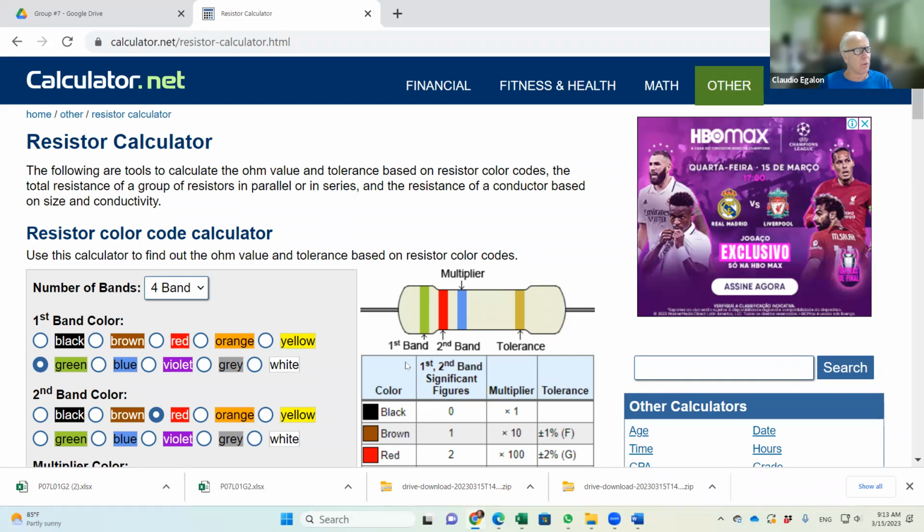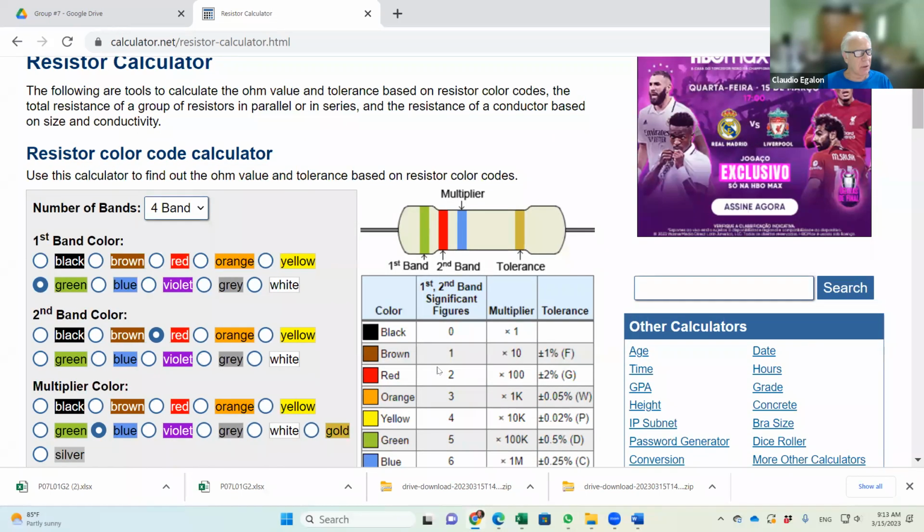Each of those first 2 color codes, by the way, first band and second band, they represent digits. In this specific case, the color green represents the digit 5. The color red represents the digit 2. Okay, so those are the 2 significant digits.